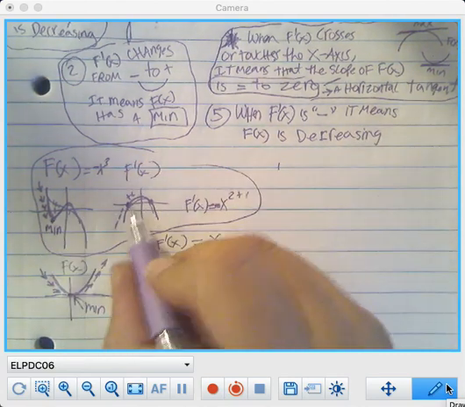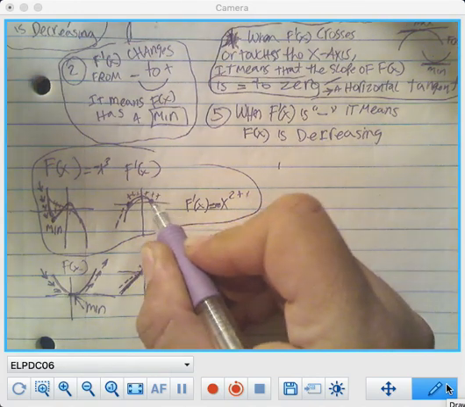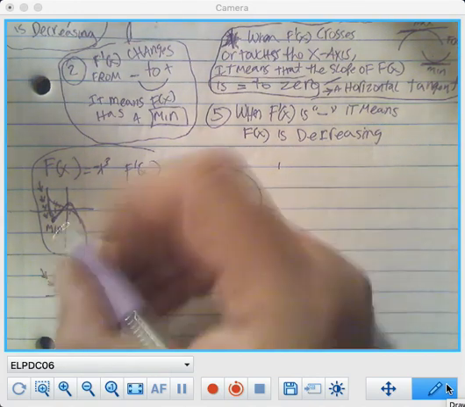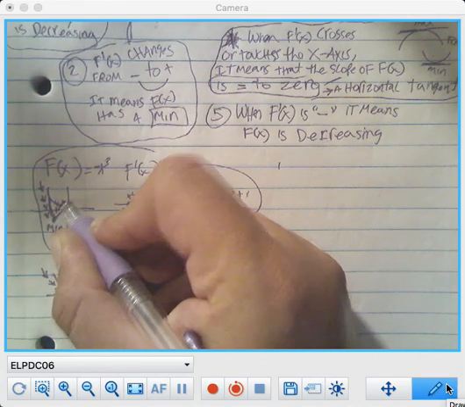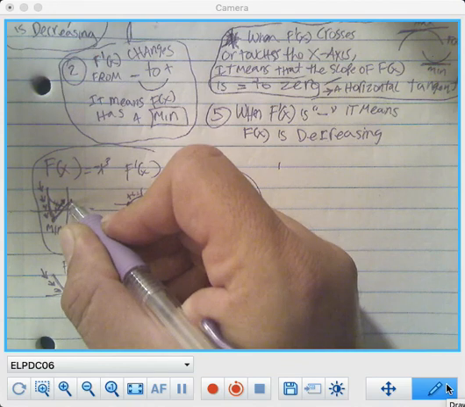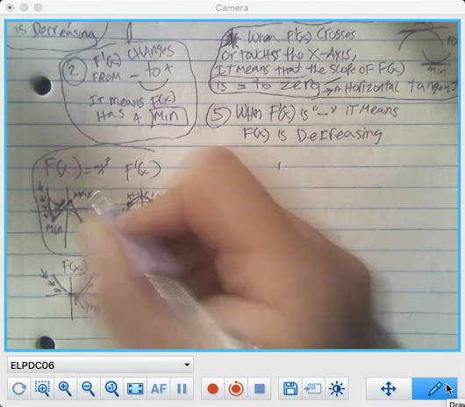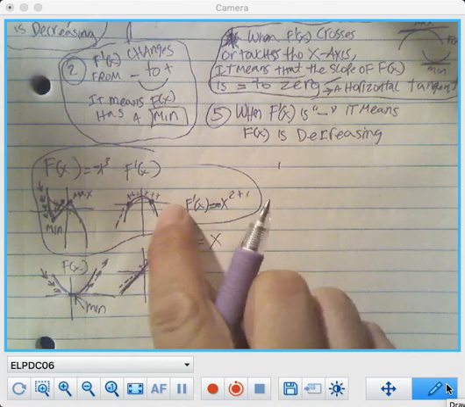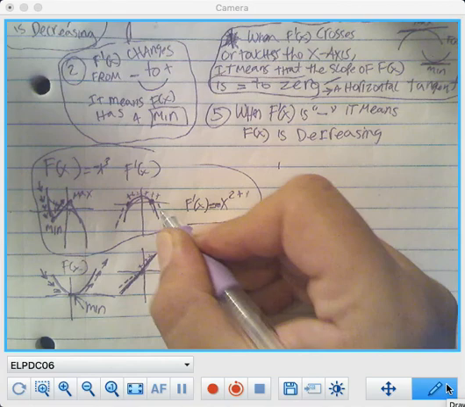And then what? Well, you have a positive, positive, positive, positive, positive, and then you hit 0 again. So that means that your f of x is increasing, and then here you hit a max, okay? Because your derivative changes from positive to negative.